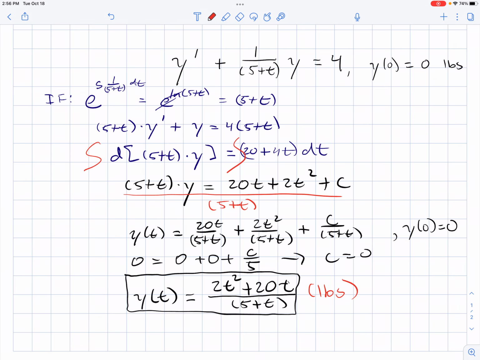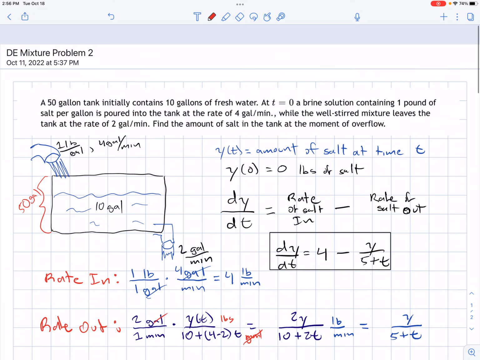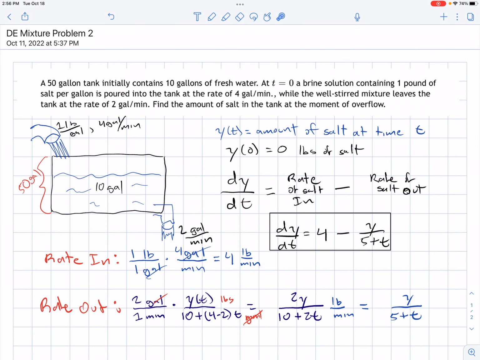And of course, we are not done with that. We actually want to know how much salt is in the tank at the moment of overflow. So at the moment of overflow, we also know we have 50 gallons in this tank.